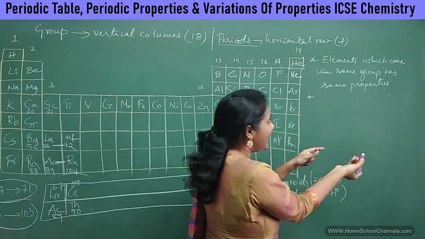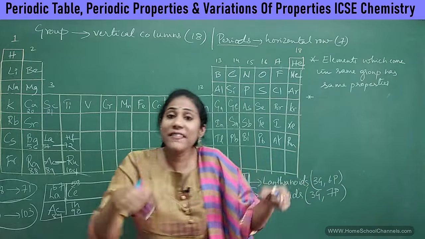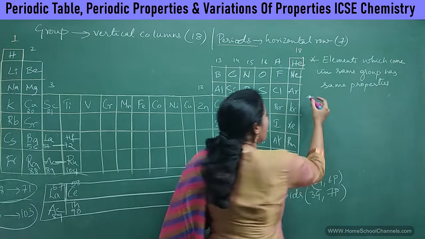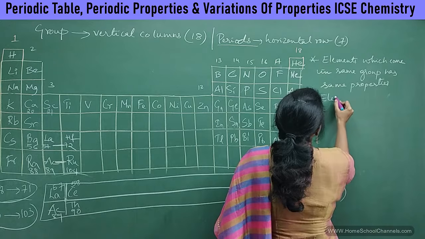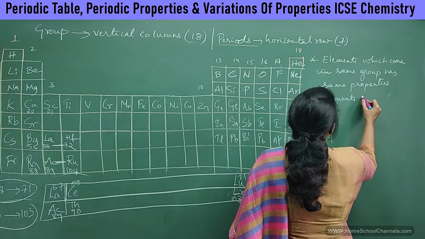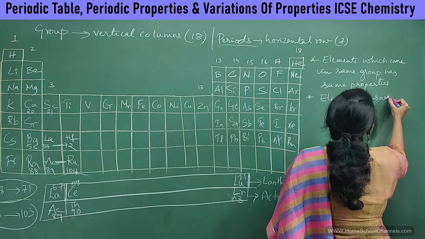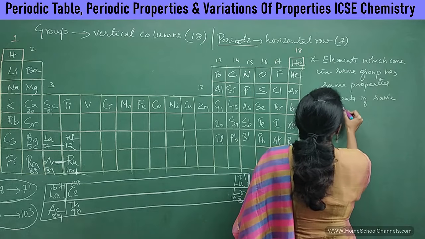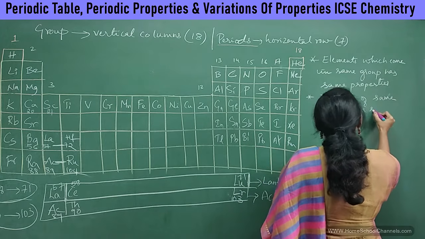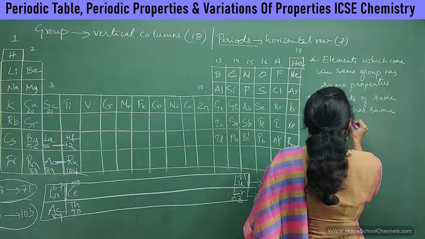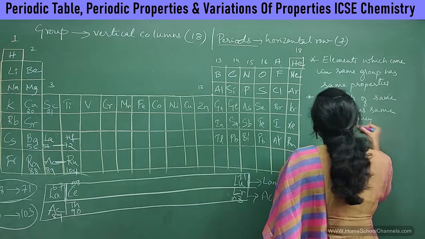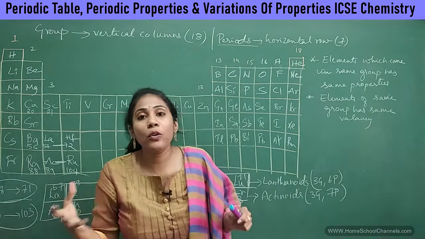Elements which come in same group will have same valency also. So let me write that point also. Elements of same group has same valency. Okay, so you all have an idea about valency, right?